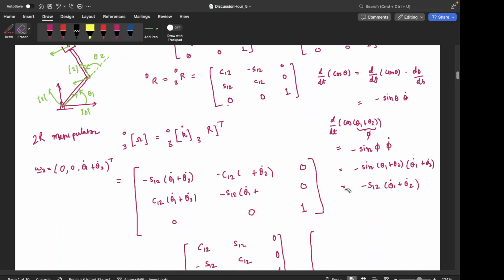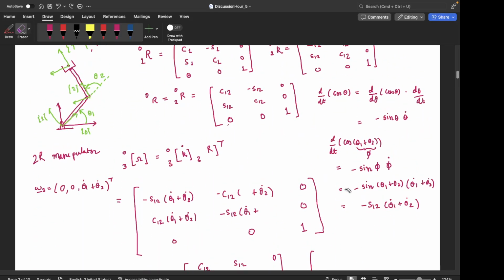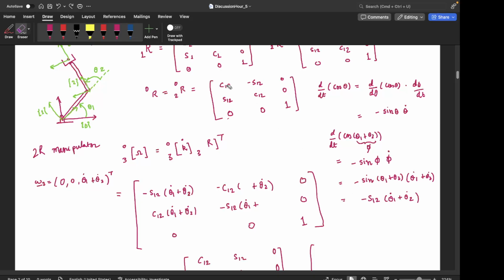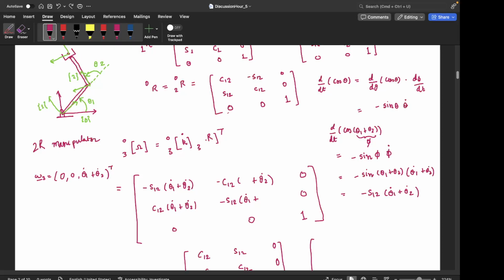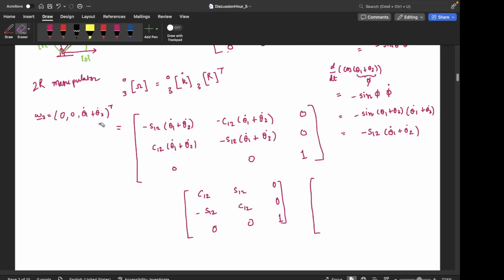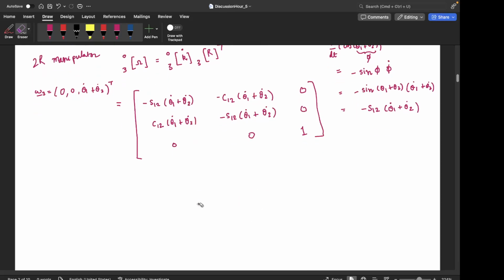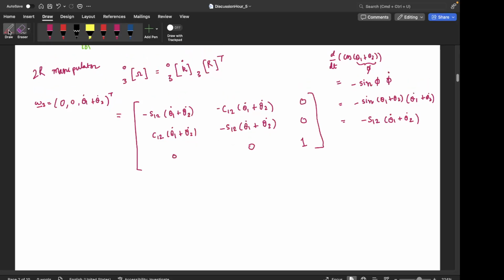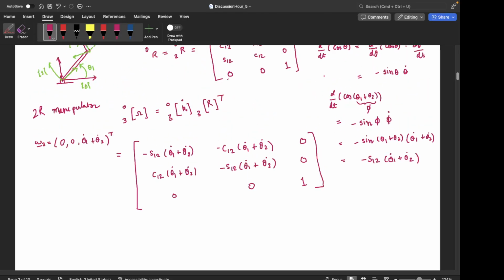Transpose incorrect? Why do you think so? This is right. This is the rotation matrix. This we have to take the transpose of, and I think a few things got erased. This one got erased. This one got erased. This one got erased. Okay.